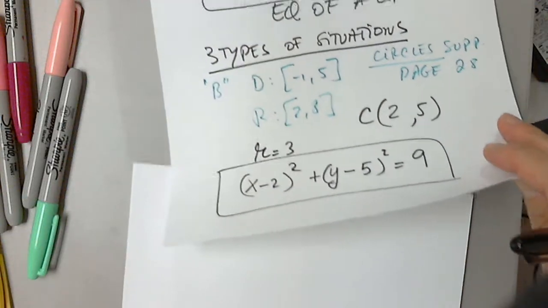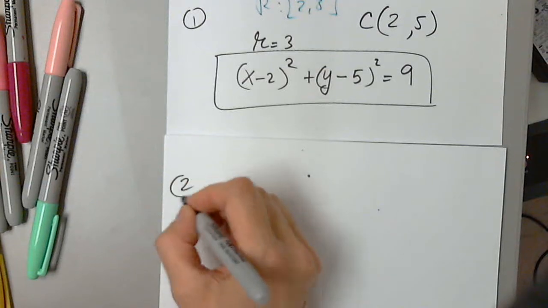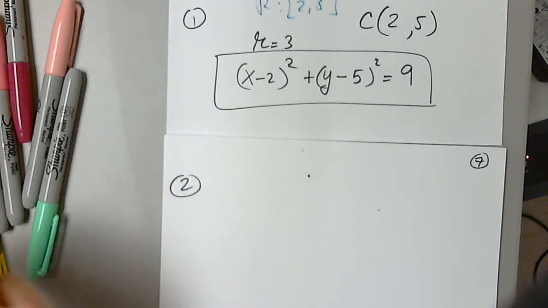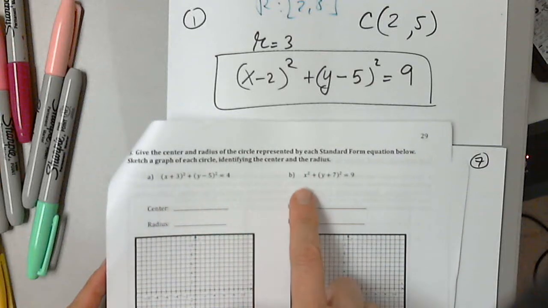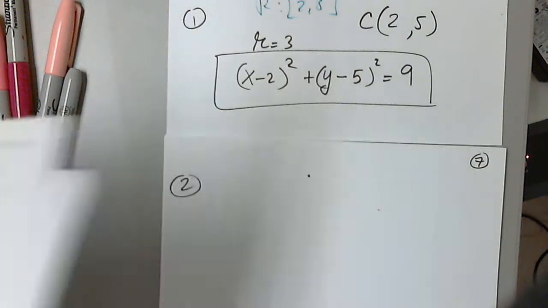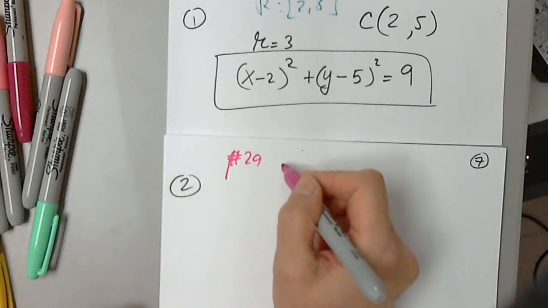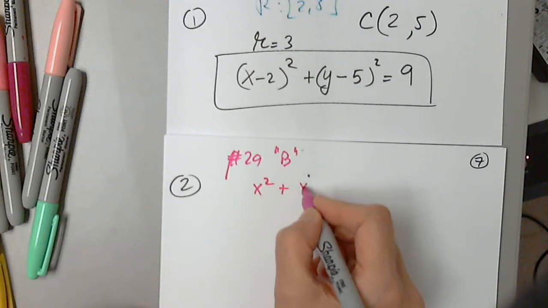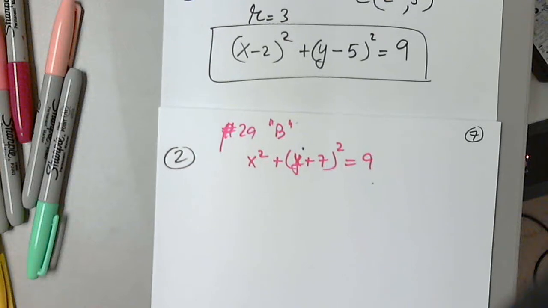Now, second type. So this is type 1. Type 2. Let's say we are given an equation. This one on page 29, part B. 29, part B. Top of page 29, B. So x squared plus y plus 7 squared equals 9.